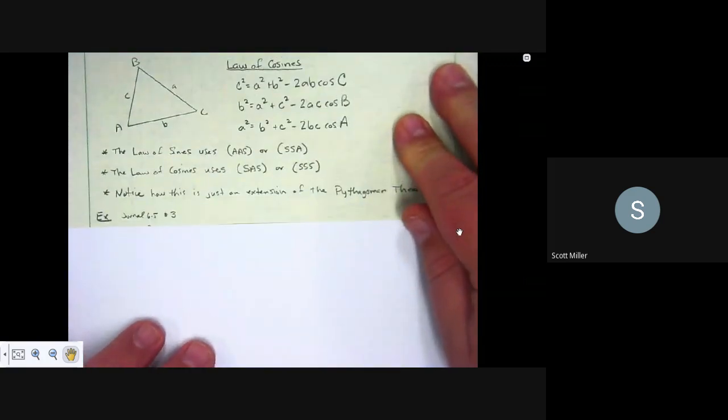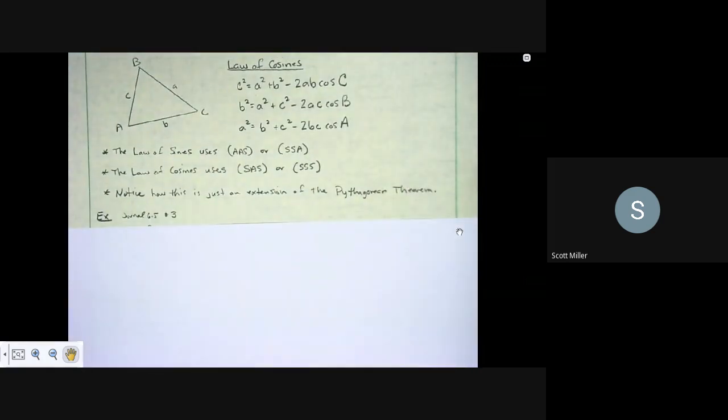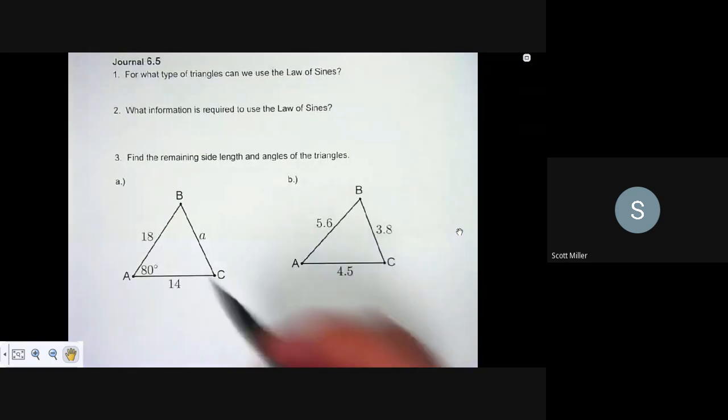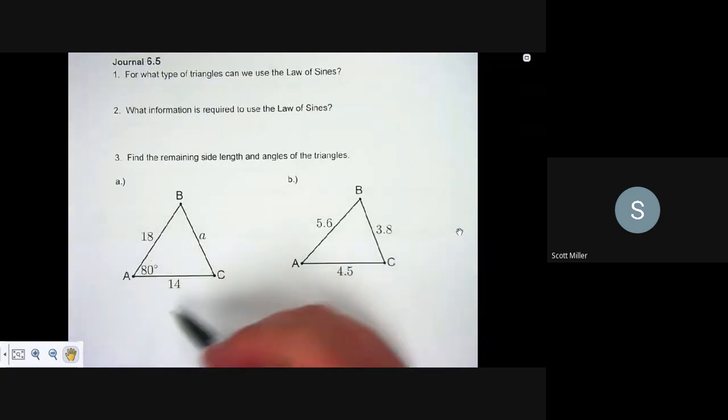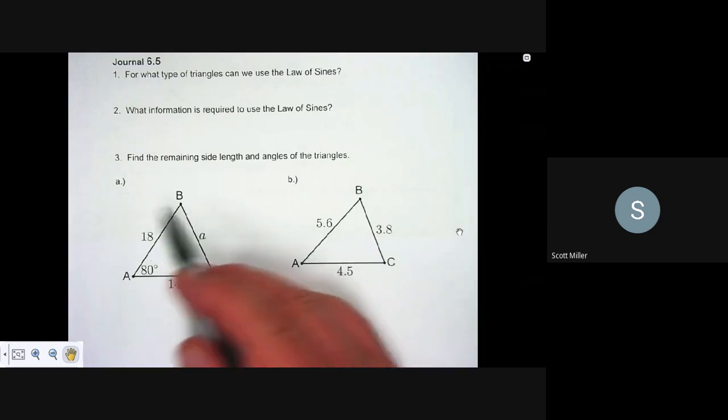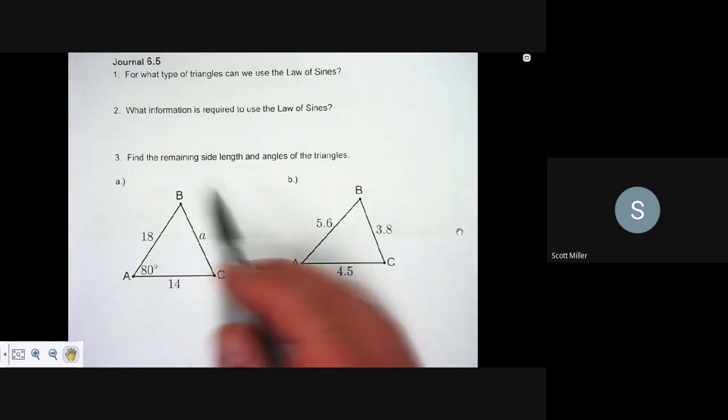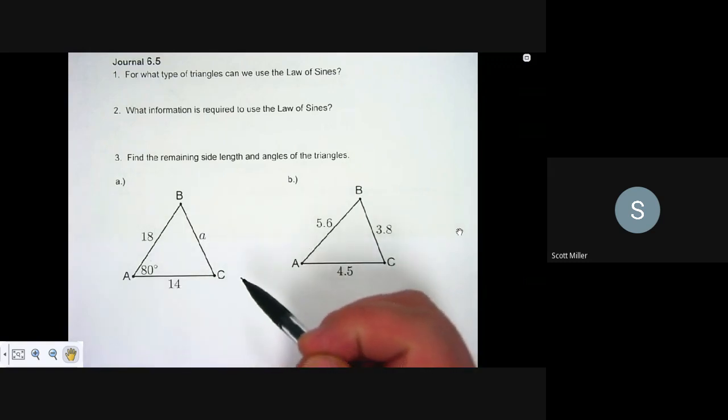And so we're going to do a problem. I'm going to go off the journal page, and number 3, and I think I did 3A, so right here. So let's go ahead and do that problem together, solving this triangle, which means to find all the missing sides and angles.